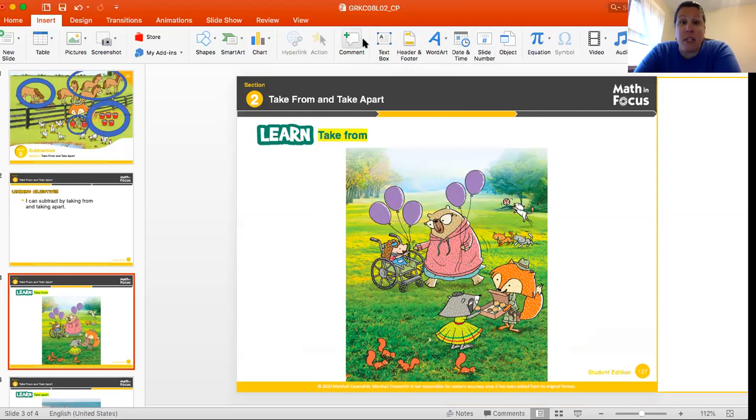How many muffins did he start with? He started with 4. How many muffins did the raccoon take away? She took 1. So 4 minus 1 is 3. He is left with 3 muffins.